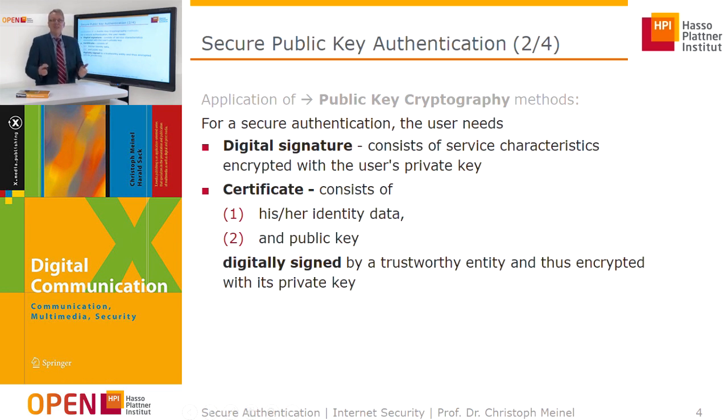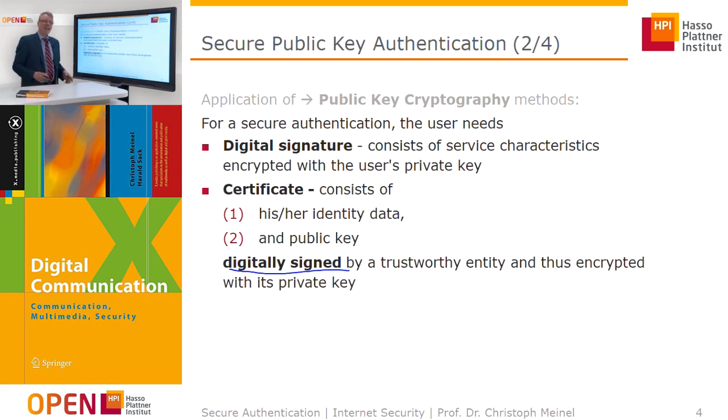But it's important that the identity data and the public key are in some sense authorized. And this authorization is given by the trustworthy entity, by the trust center, by digitally signing this identity data and the public key. So everyone can check it, because the signature is encrypted with a private key, it can be decrypted with a public key.